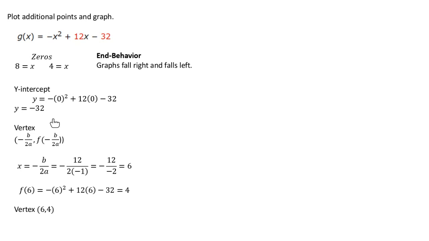Now, if they had asked us to find the vertex of this graph, again, we could have graphed it, but we could also use our formula to find the vertex. And the vertex, when given a quadratic, is given by this formula. Just keep in mind that this in standard form is ax squared plus bx plus c.